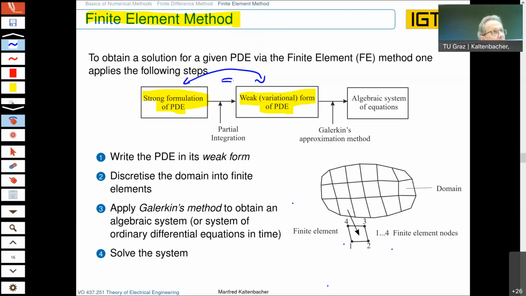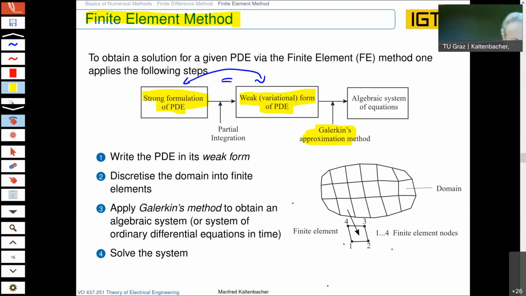However, also this transformed formulation, this weak formulation, in most cases we are not able to solve, and therefore we need an approximation, and we will use the Galerkin approximation, which I will also show you in a minute.